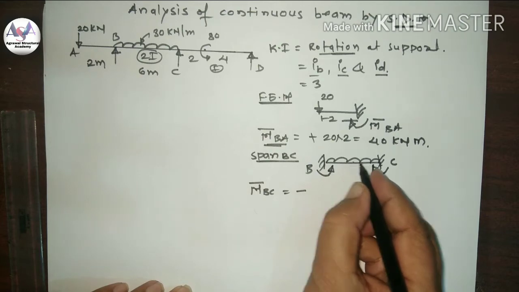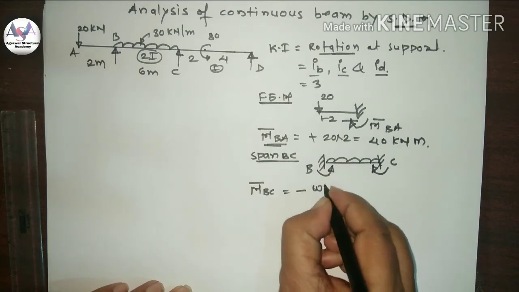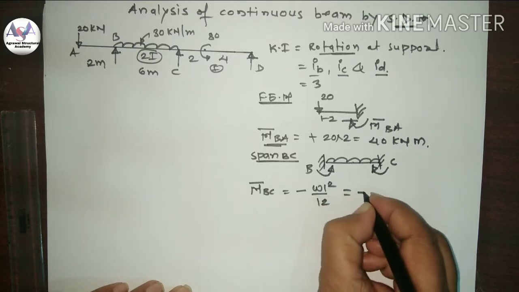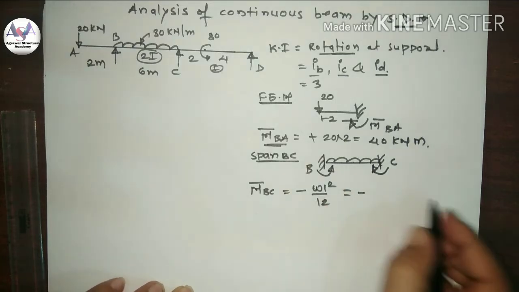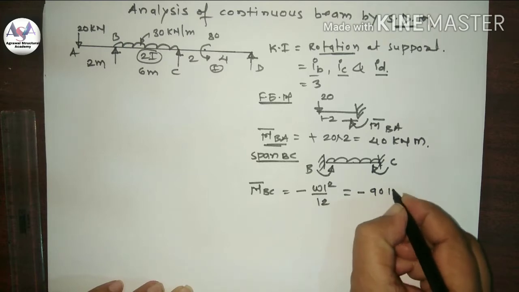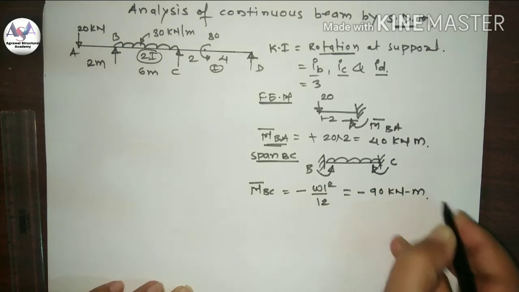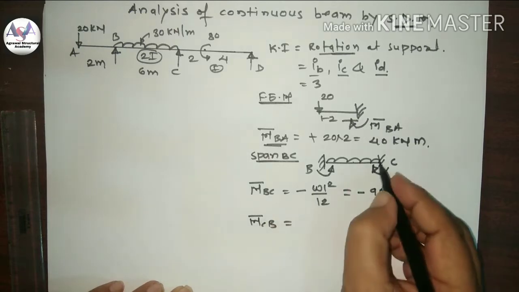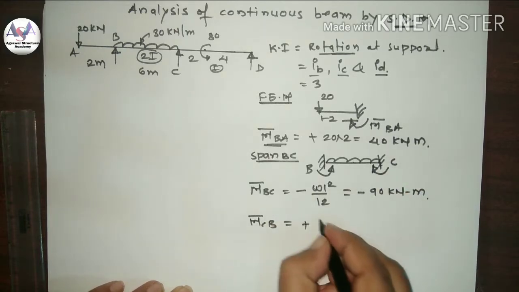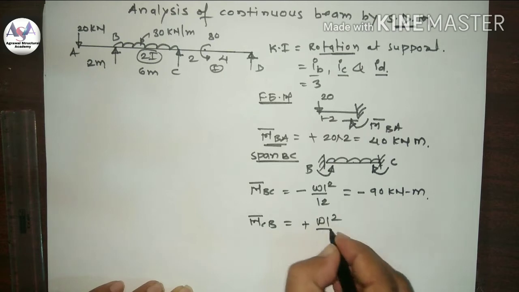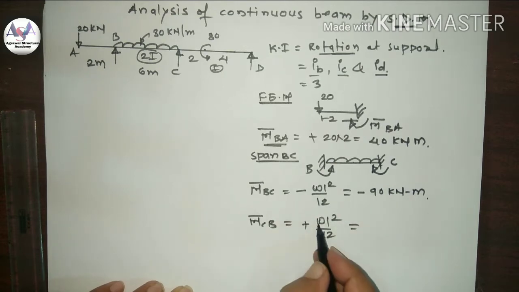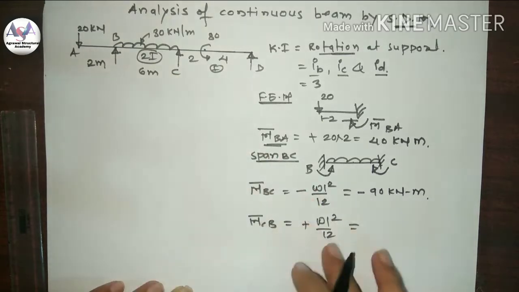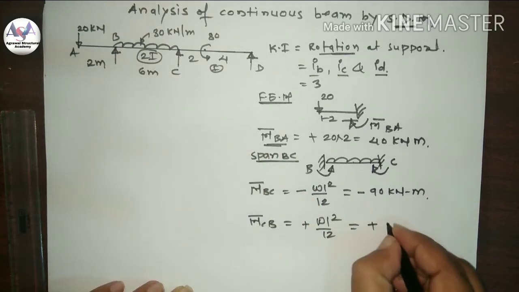We know the moment is WL square by 12. If you put the value of WL square by 12, that becomes minus 90. And M bar CB is clockwise, so plus WL square by 12. If you put the value of W as 30, L as 6, divided by 12, this becomes plus 90.